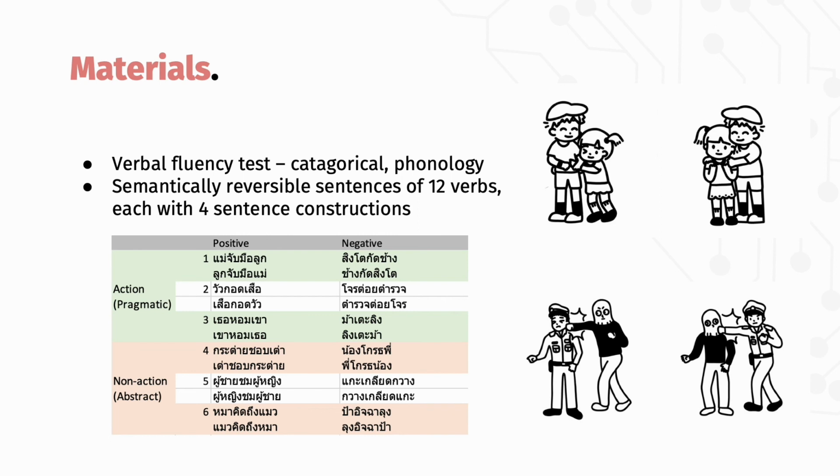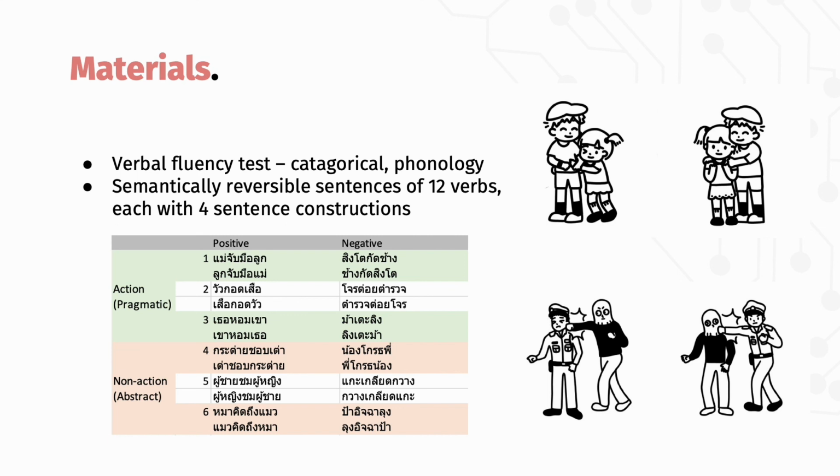For example, the verb จับมือ is constructed into 4 constructions with semantically reversible sentences. For example, แม่จับมือลูก, and the passive one is ลูกถูกแม่จับมือ, and then the other two are semantically reversible sentences, which are ลูกจับมือแม่, and the passive one is แม่ถูกลูกจับมือ.